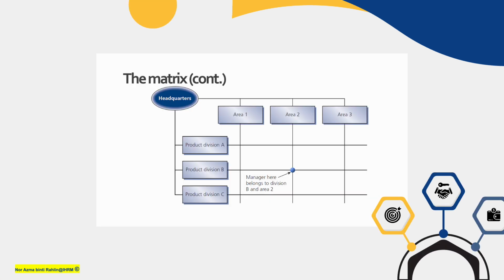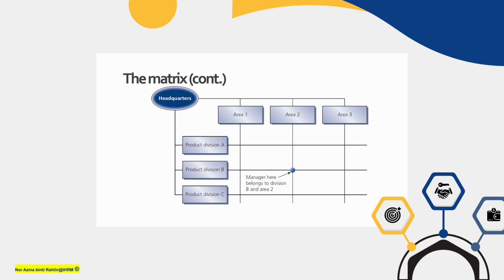Moving on, next slide. This slide shows the matrix organization structure. There is another organization structure available in internationalization. So this is also a part of learning objective number 4. This kind of organization structure offers advantages and disadvantages.